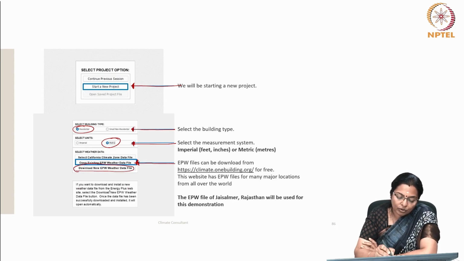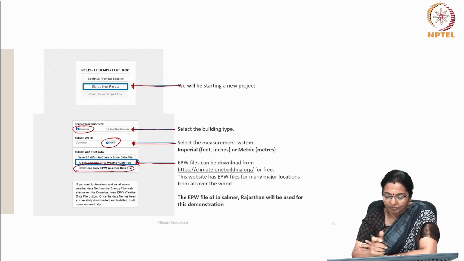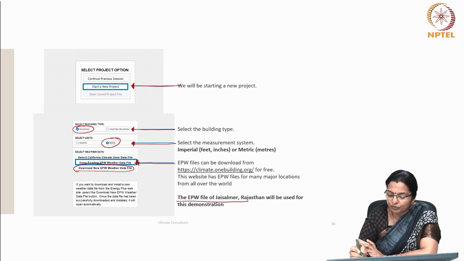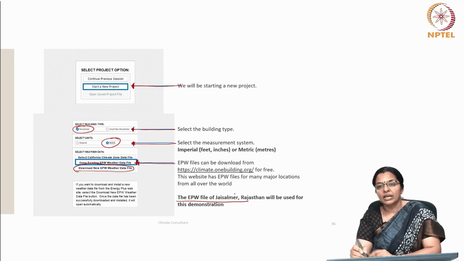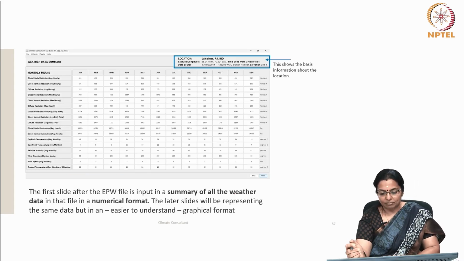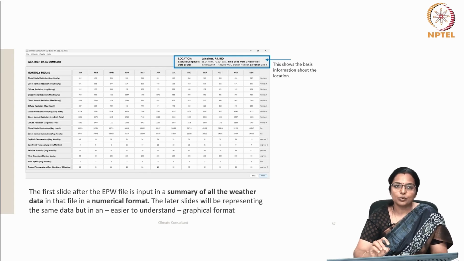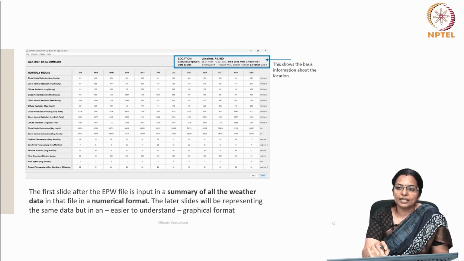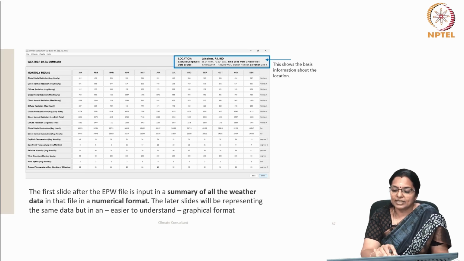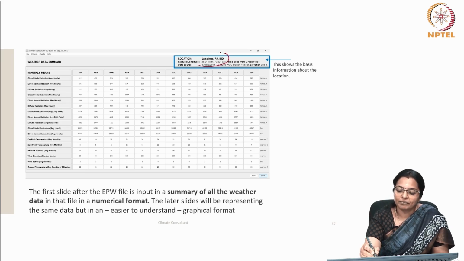If you want to download and install the weather data file from the Energy Plus website, select the download new EPW weather data file button. Once the data file has been successfully downloaded and installed, it will open automatically. Here we are using the EPW file of Jaisalmer, Rajasthan, which we will use for demonstration. Once you click on it, you will get the EPW file of Jaisalmer. Here you can see Jaisalmer.